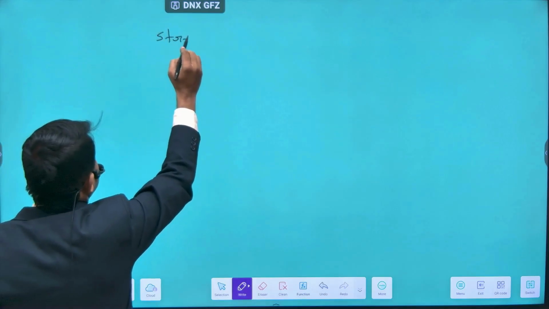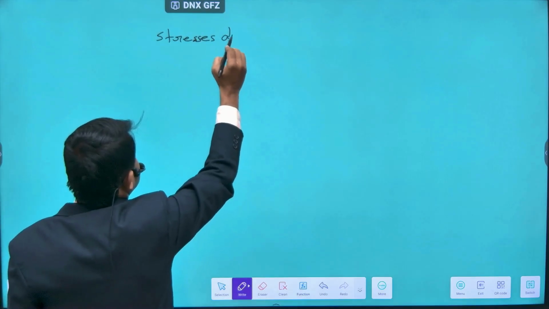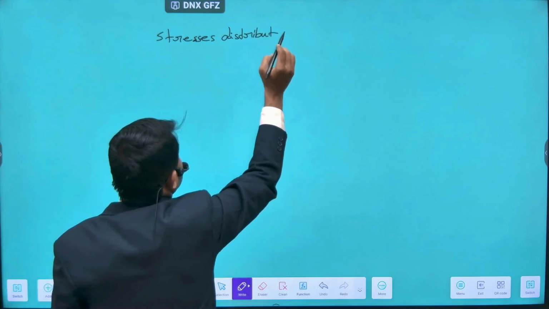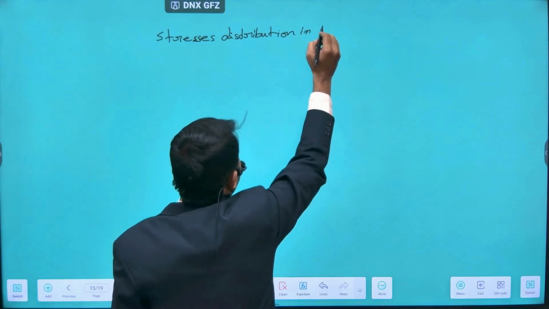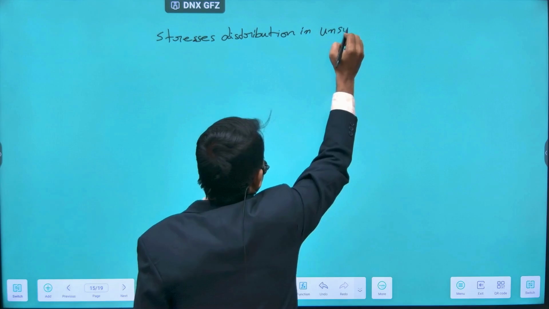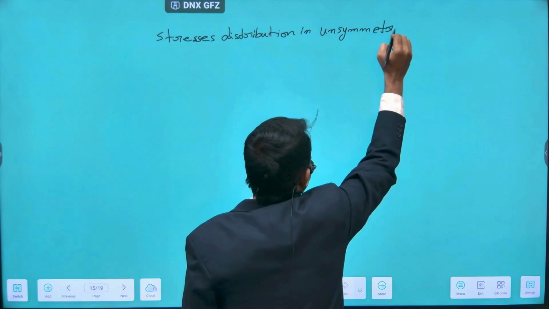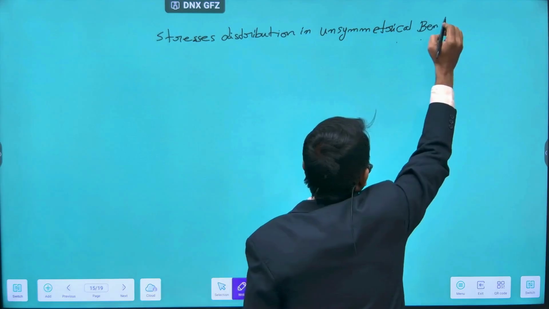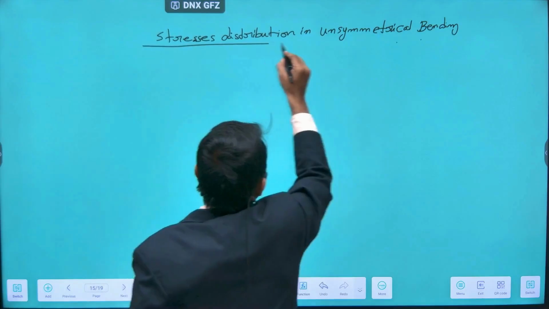We need the stress distribution in unsymmetrical bending. This is the foremost concept in the unsymmetrical bending case.